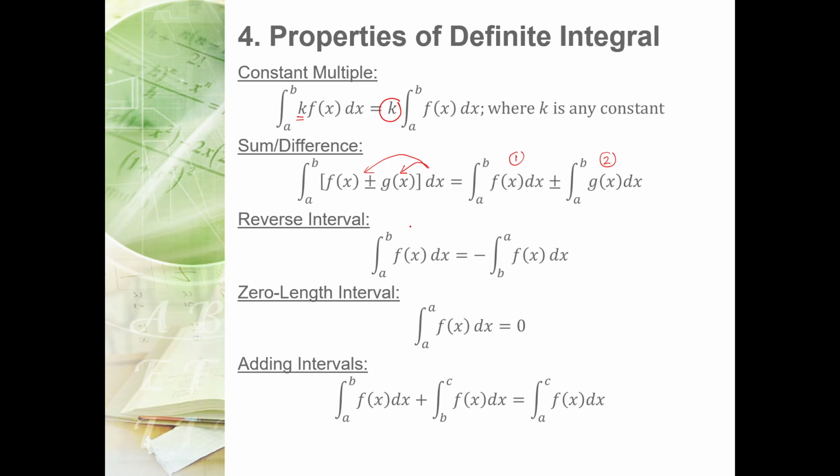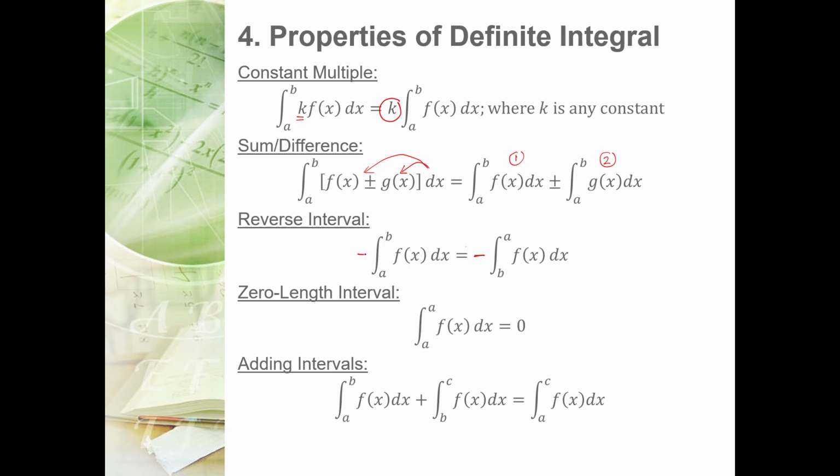The third property is somewhat new because you get the reverse interval. If you want to have a negative value, there are purposes for this property later or in your next course, which is the higher math. If you have a negative value, you can just reverse the limits of integration.